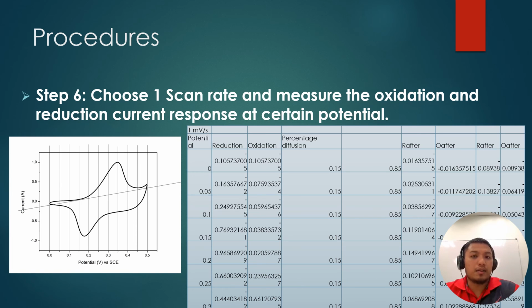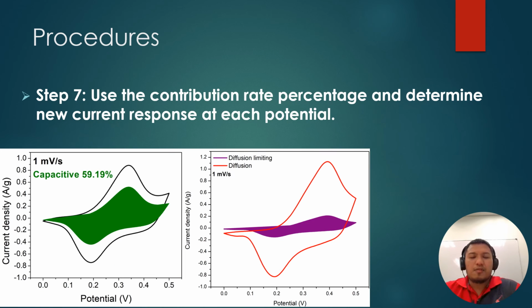Then you have only dots, so you need to go to Origin to plot your graph. To get a very beautiful graph like this, you need to choose either the B-spline or S-curve in Origin. That one I will make in another video, on how to plot a very good graph using Origin.